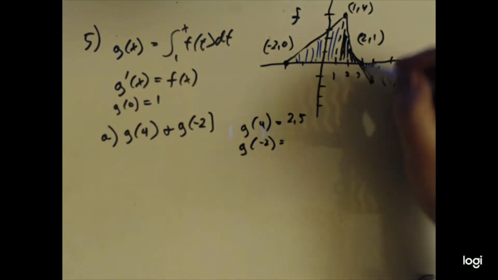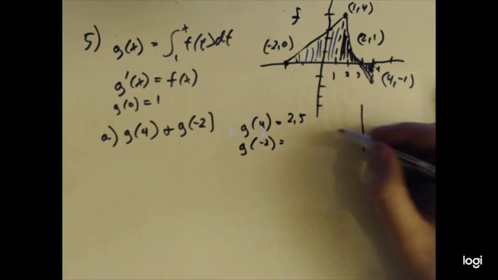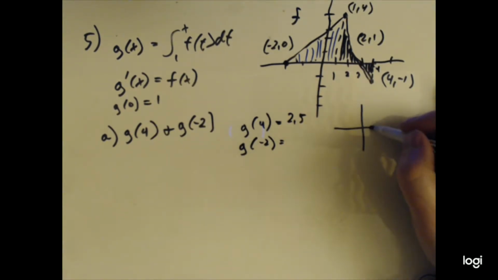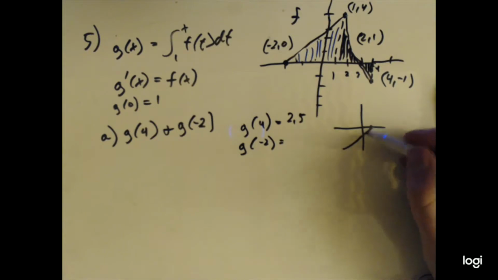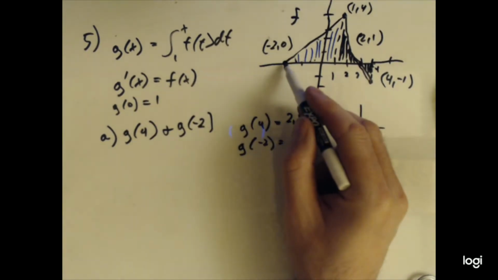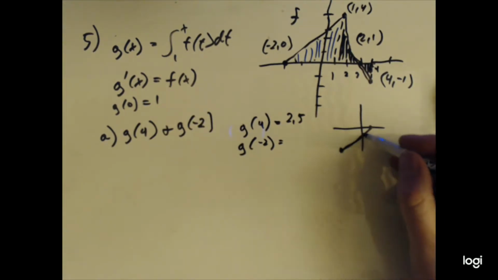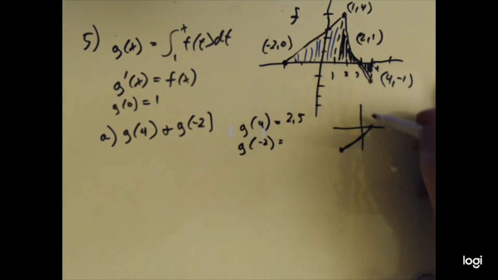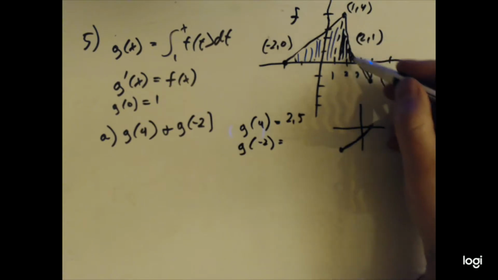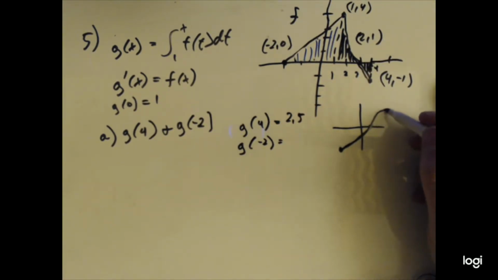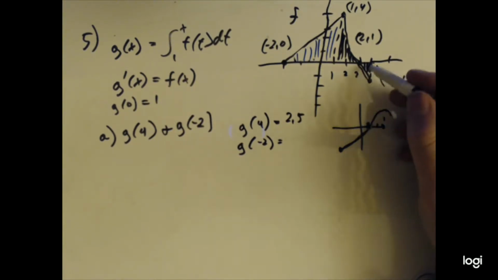You can think of it this way. So here's whatever it is at 1, going from negative 2 to 1, we add in a bunch of positive area, which means it's going up to the right. And then it keeps going up until we hit 3. 1, 2, 3. Then it stops, and then it comes back down a little bit.